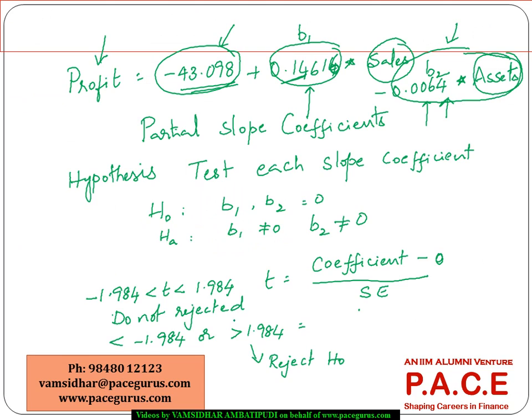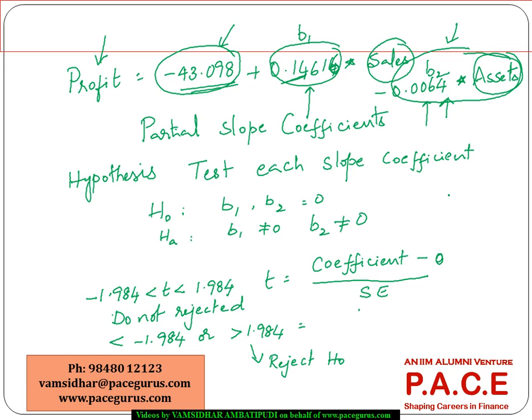So I can very well say that the coefficient of sales is statistically significant, but I don't have the evidence to say that the coefficient of the assets is statistically significant.